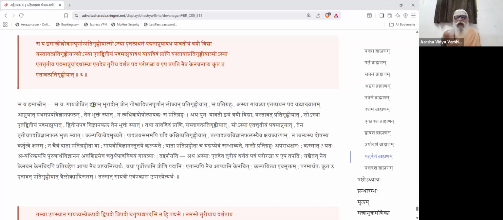Then what? Sab pratigraha. So that pratigraha, whatever receiving you did. Asyaha gayatriyaha etat prathamam padam yad vyakhyatam. Now whatever you have received, this is the Gayatri's first pada, which has been already described. Yad vyakhyatam apnuyat. Apnuyat means here what?